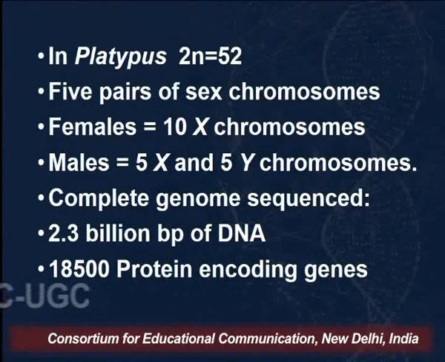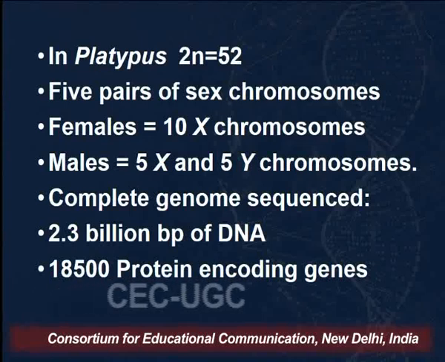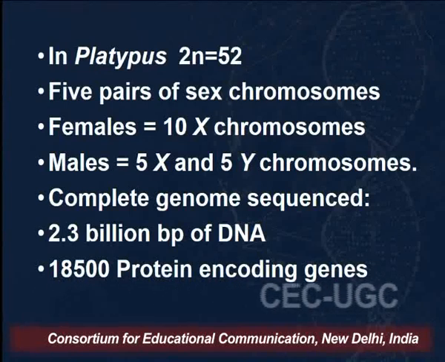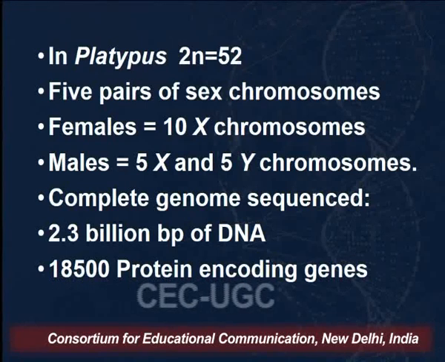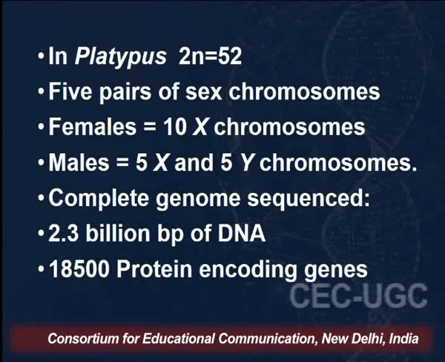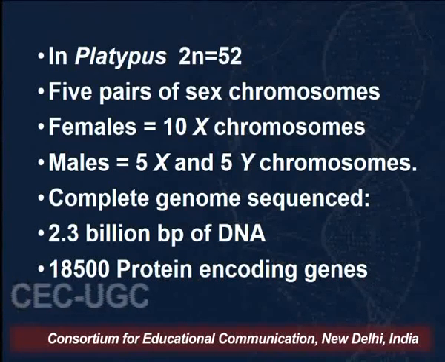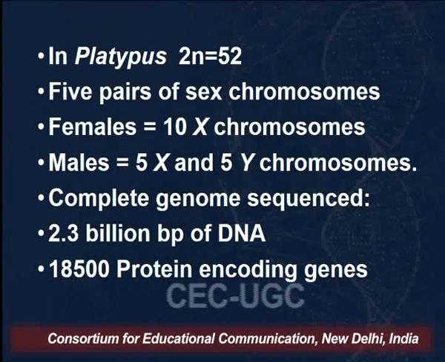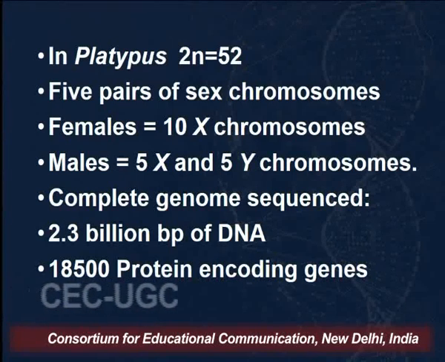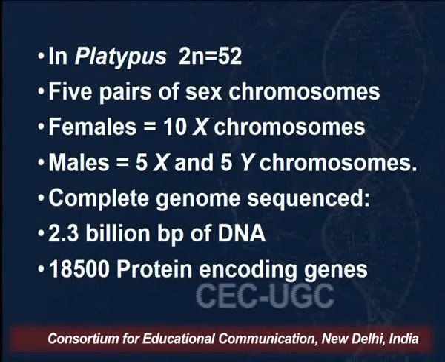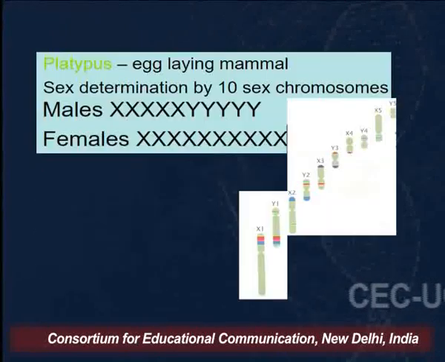And 2n, the diploid number, is 52, and there are 5 pairs of sex chromosomes. Interestingly, the females have 10 X chromosomes, the males have 5 X chromosomes and 5 Y chromosomes. The complete genome of this platypus has been sequenced, and it has been found to have 2.3 billion base pairs of DNA, and it comprises 18,500 protein encoding genes.